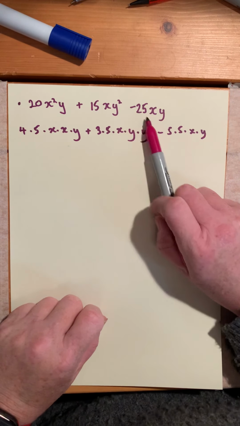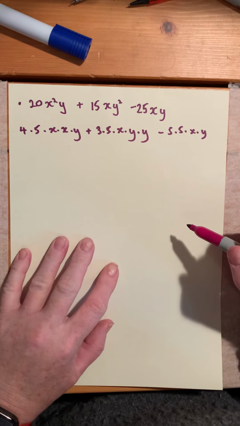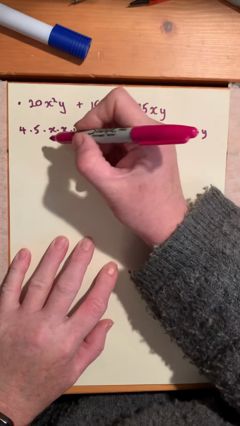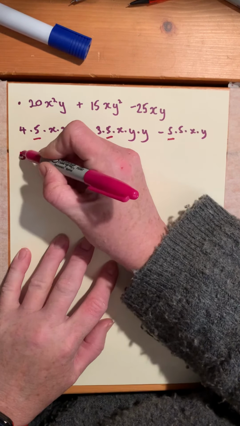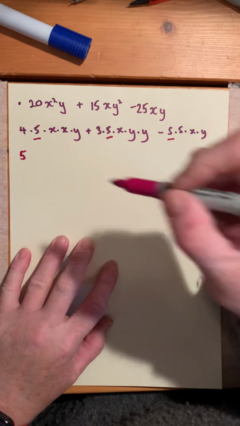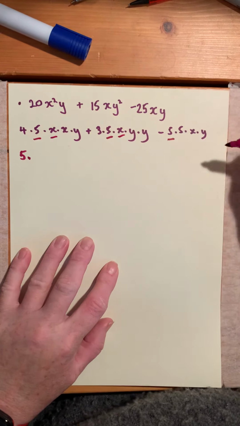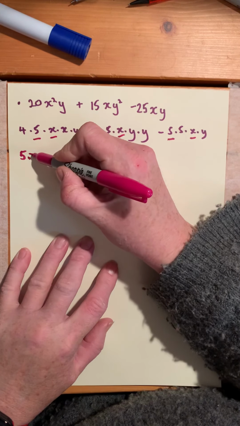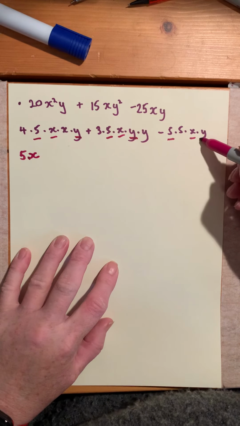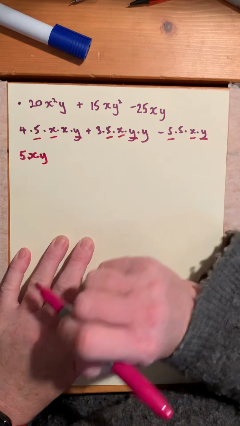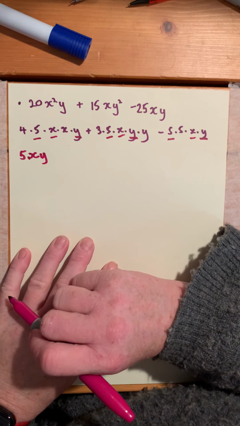Subtract. 25 is 5 times 5 and I've just got xy. So what can I take from each term? Well, I can take a 5. And remember here you can only take one 5. I can also take an x. And I can take a y. Okay, there is nothing else I can take from all 3 terms.